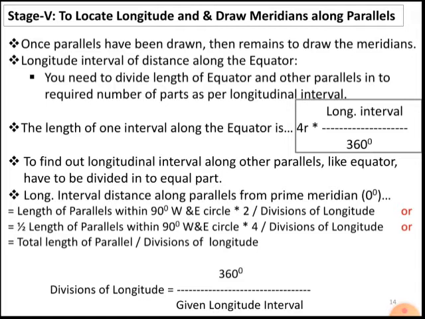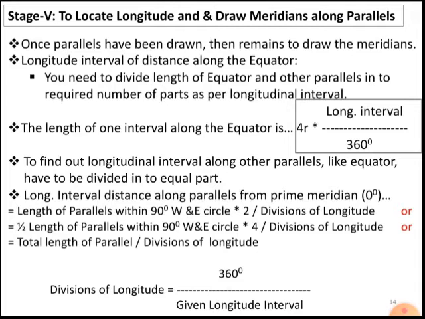If you run this equation you will get one number. That number is the interval distance of longitude to divide the equator. This is one way, by equation.